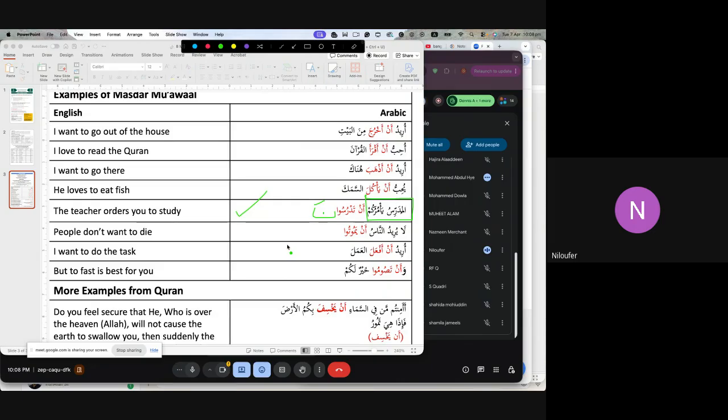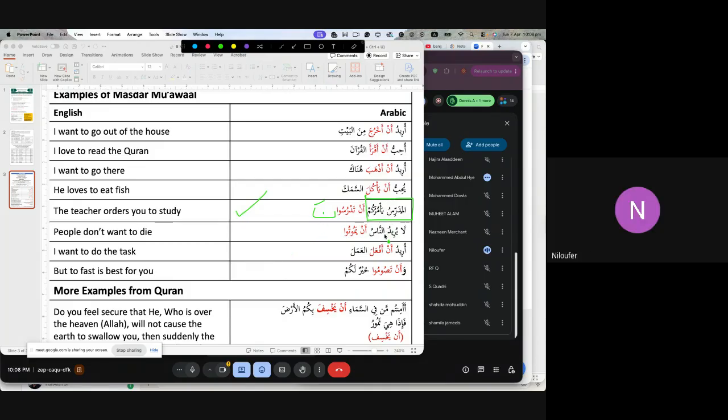The teacher orders you is the khabar, and Ya'muru is a mudari verb. The root verb is amara, and that has become Ya'muru. And we have the pronoun attached to it, orders you.